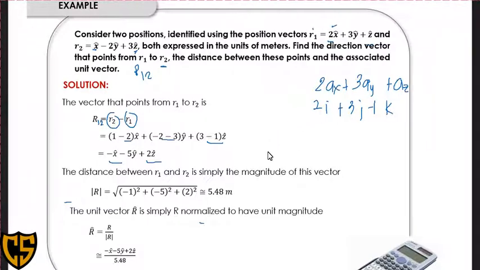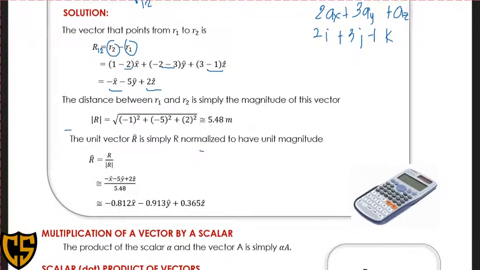Now we find the distance. It is quite easy. We already have the values of R12, so we just find its magnitude, which is a square root. The x value is negative 1, squared. The y value is negative 5, and the z value is 2.